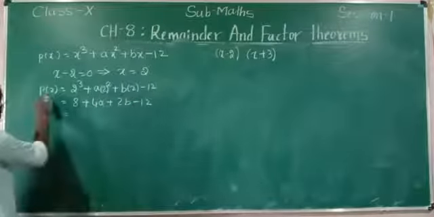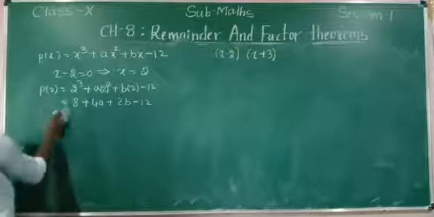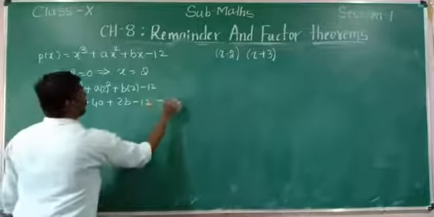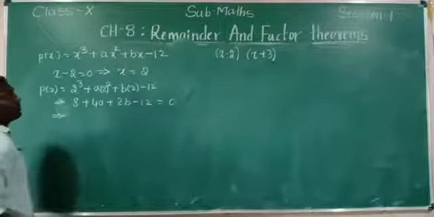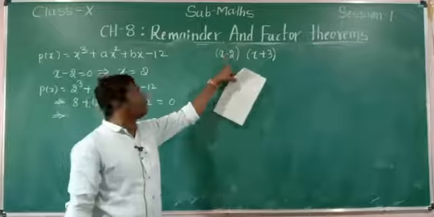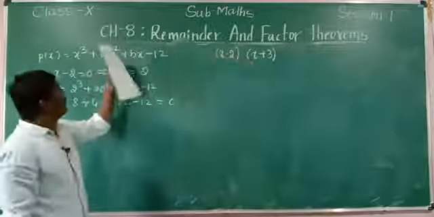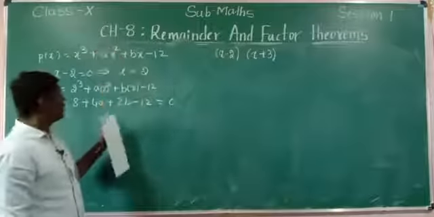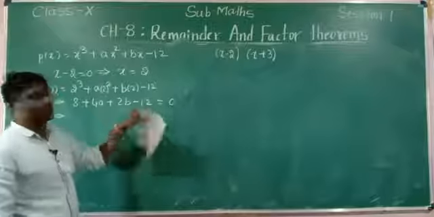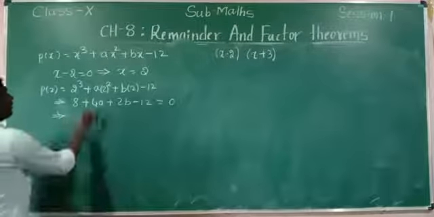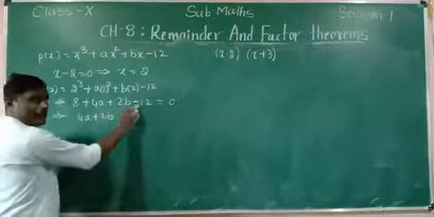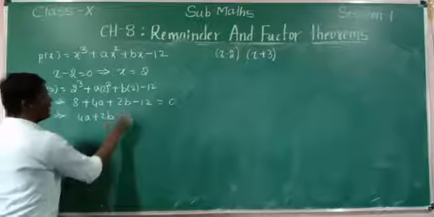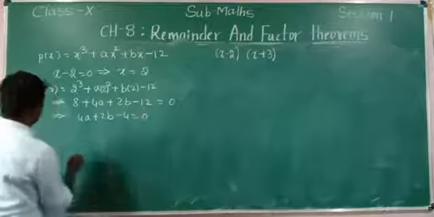If it is a factor of the given expression, the whole expression is equal to 0, because when I substitute x equal to 2 in the expression, I will get the resultant as 0. Now 4a plus 2b minus 12 plus 8 minus 4, which is equal to 0.